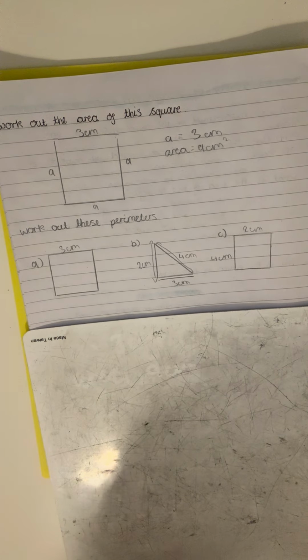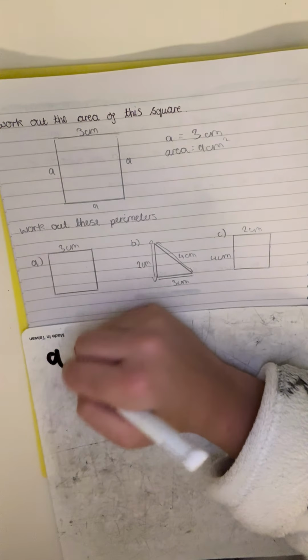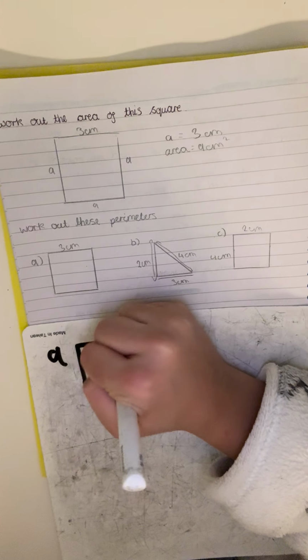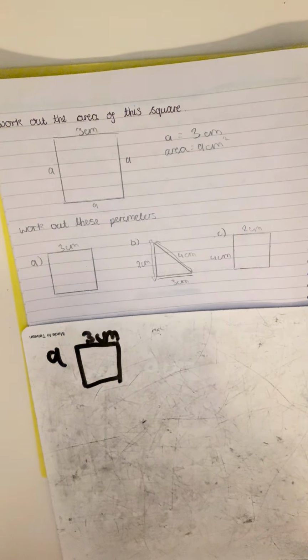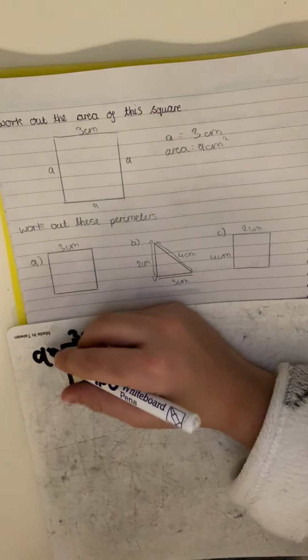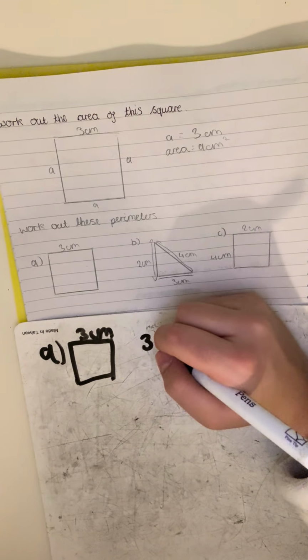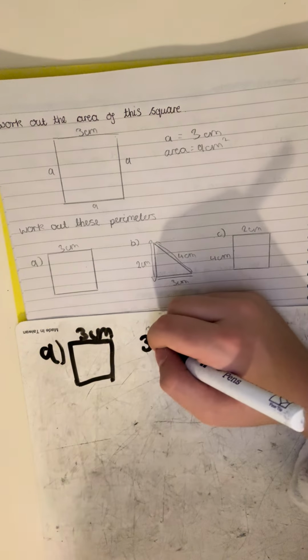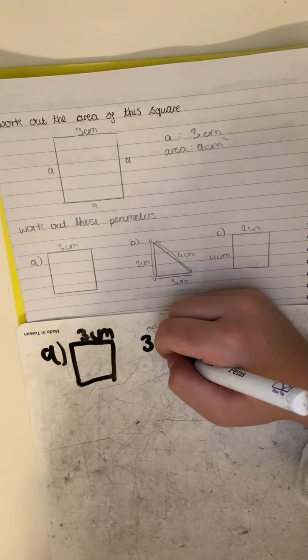Now, first one we're going to work out is this square. It's a very badly drawn square, but like that's fine. Anyways, so since it's a square, we know that all the sides are going to be 3. So we're just going to multiply 3 by 4 because, okay, area is the multiplication one. Perimeter is not.